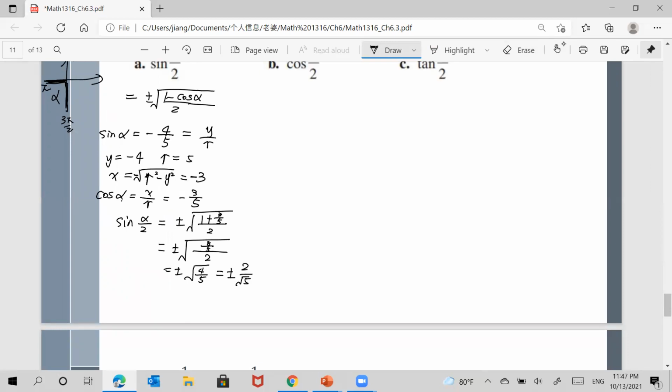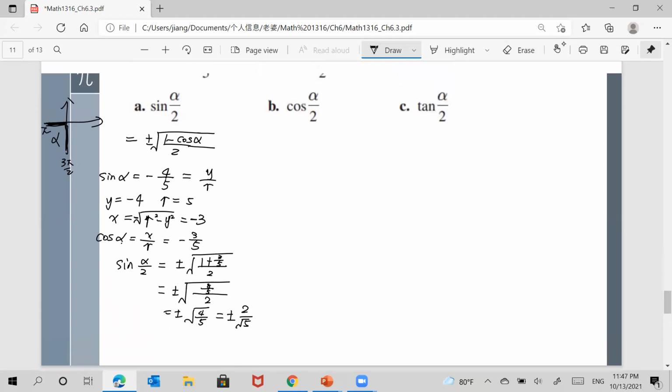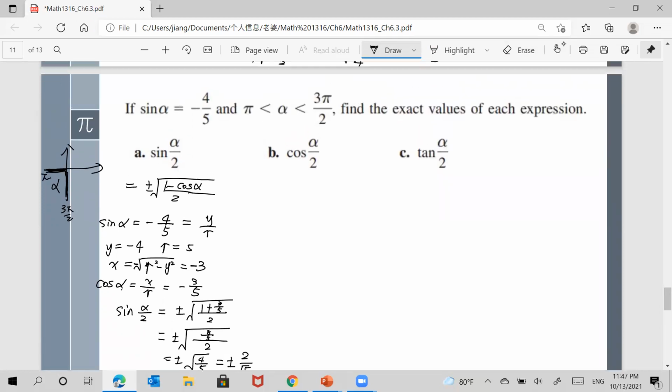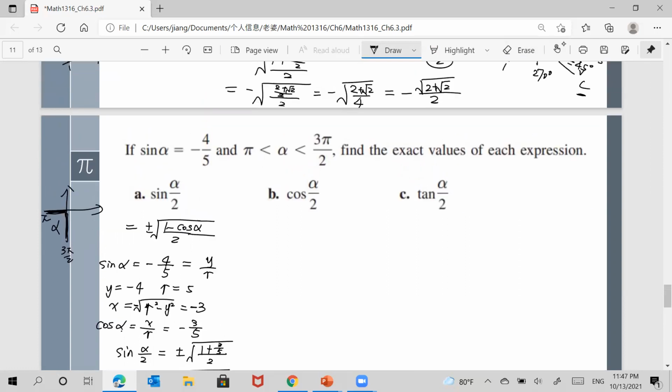We can rationalize that. But what is the sign for the sine alpha over 2? We have learned that alpha is between pi and 3 pi over 2. So what is the alpha over 2? If that means divide these 3 expressions by 2, that means pi over 2.